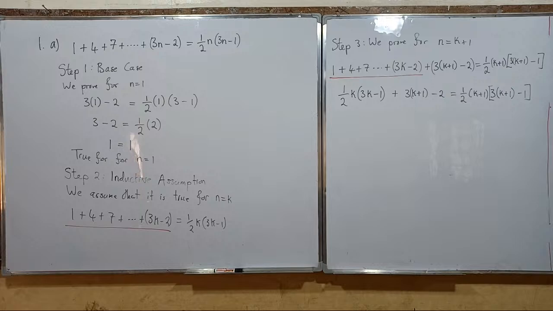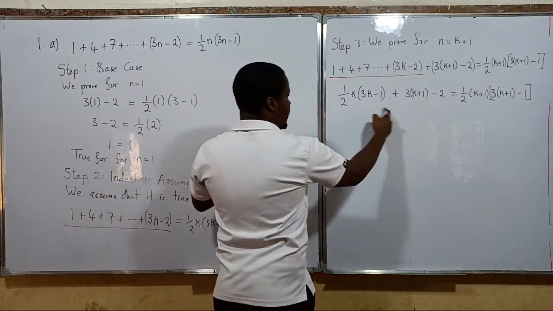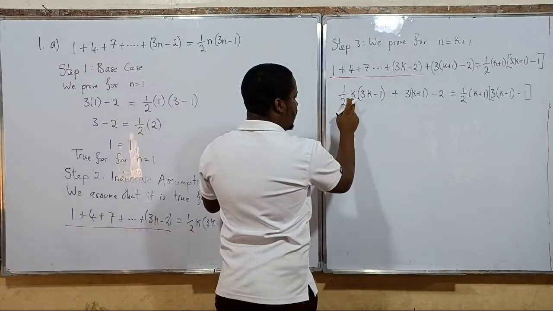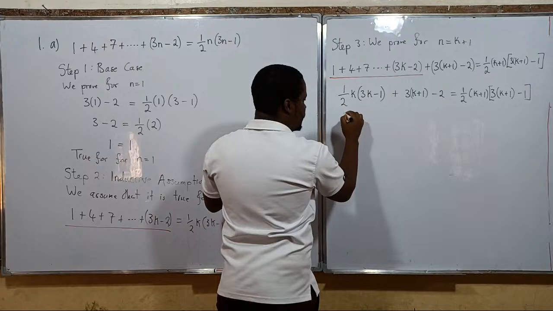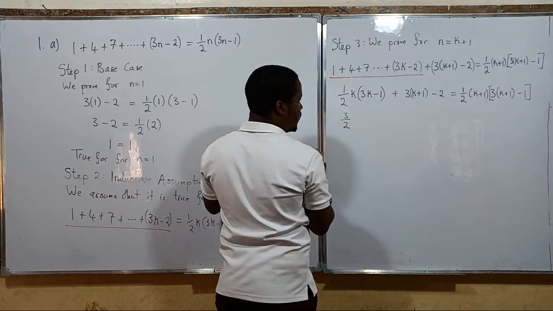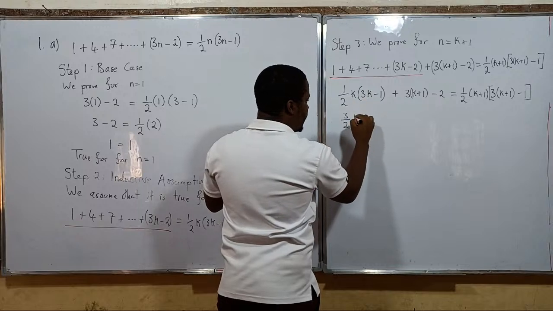Now our job is to make sure that the left-hand side looks like the right-hand side. Once we're able to prove that, then everything is okay. So let's expand on both sides. If we expand here, what do we have? Half k times 3k, half times 3 is 3 over 2, and then k times k is k squared.